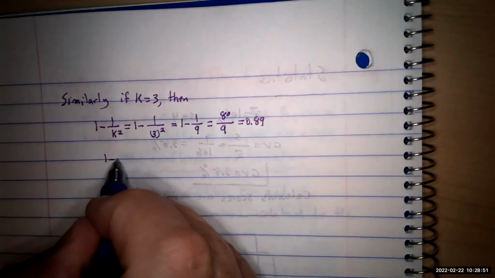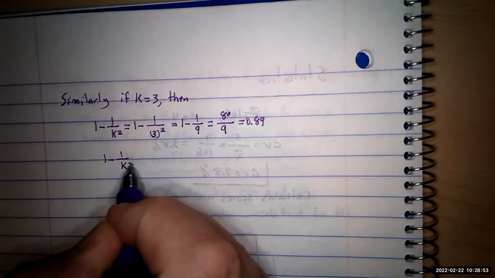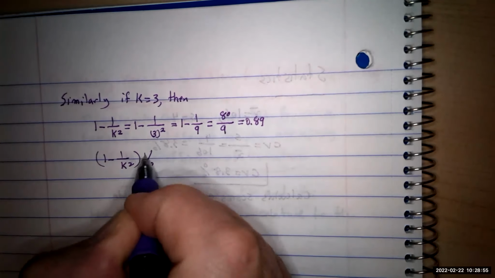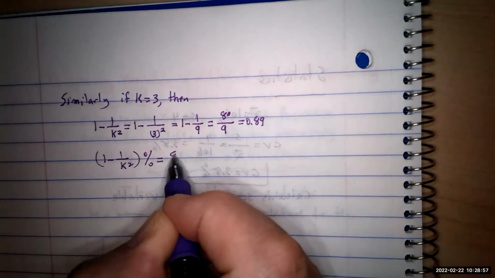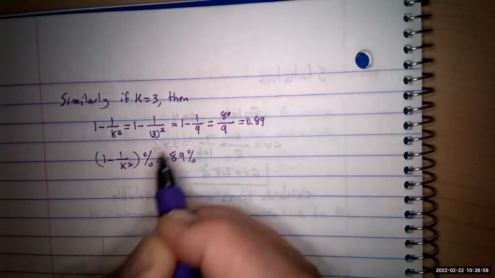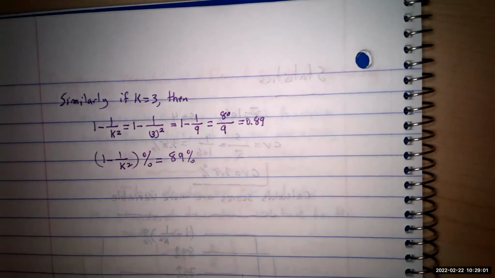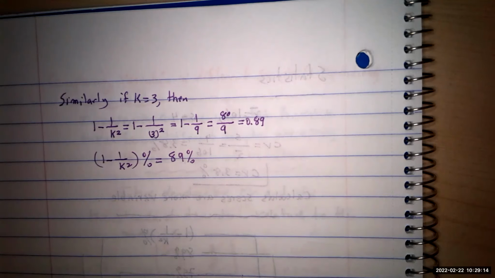So in this case, 1 minus 1 over k squared percent would be 89%. Okay, so 89% corresponds to k equal to 3. And then we find out that, if this is the case, at least 89%, almost all of them.